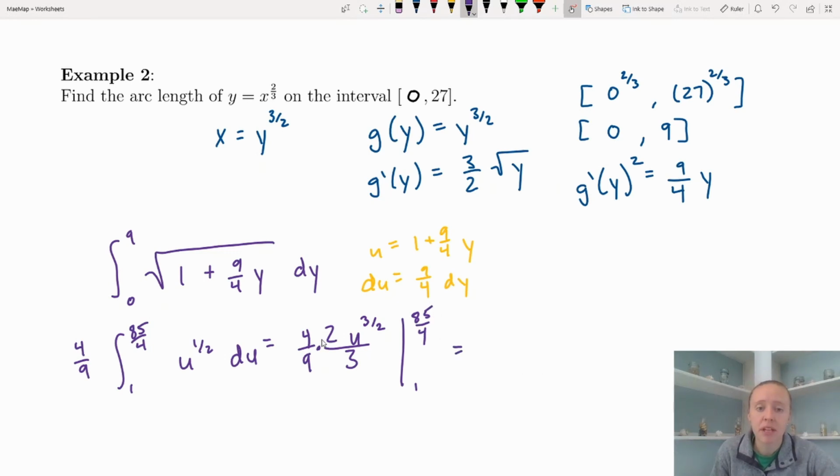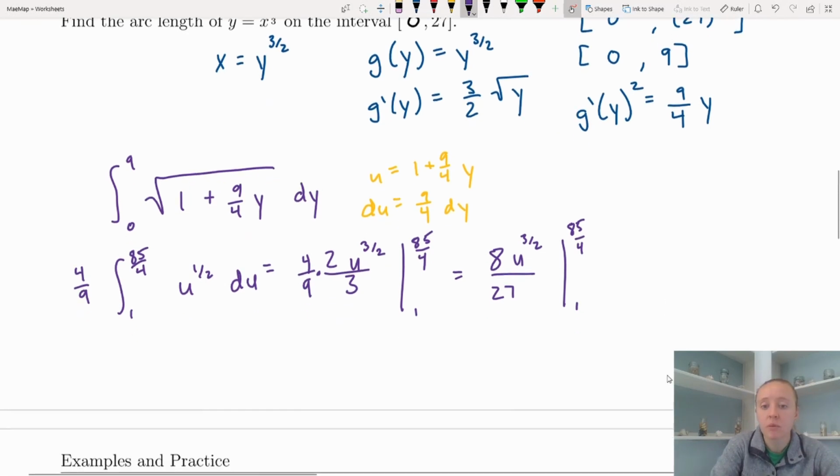Simplifying to make this a little bit easier, 4 times 2 is 8, so I'll have 8u to the 3/2 all over 9 times 3, which is 27. And I'm evaluating this from my bounds of 1 to 85/4. So let's go ahead, plug in 85/4 and subtract plugging in 1.